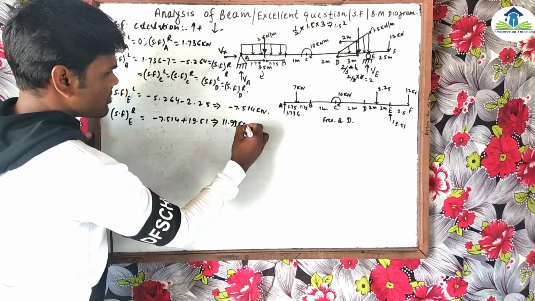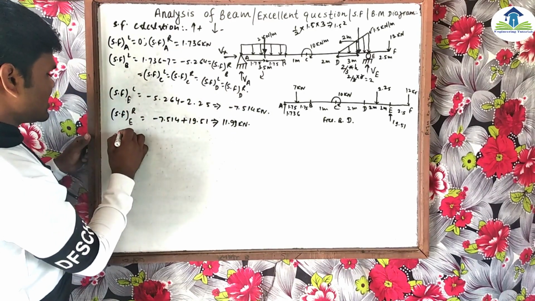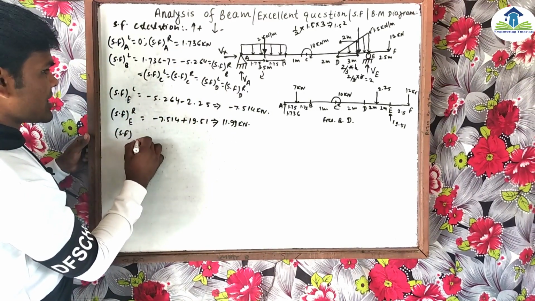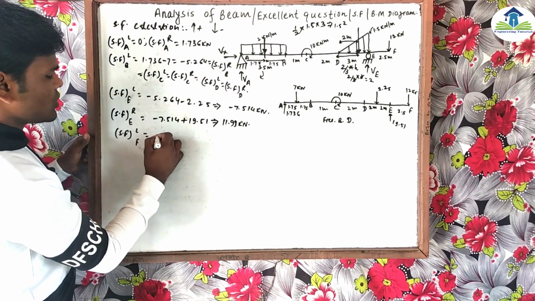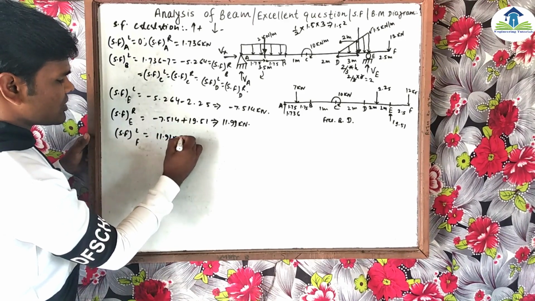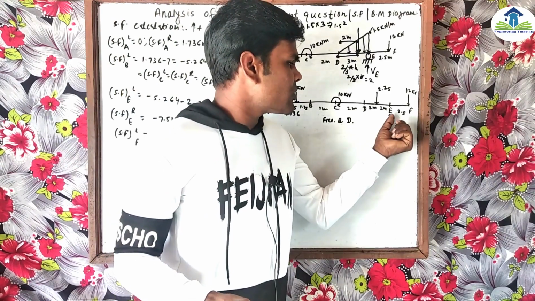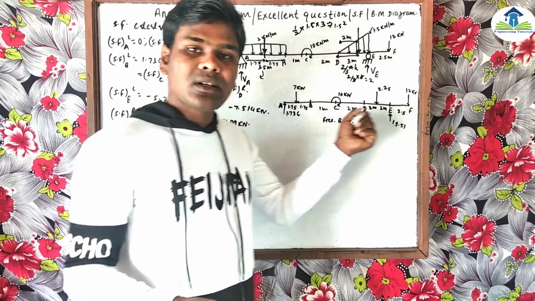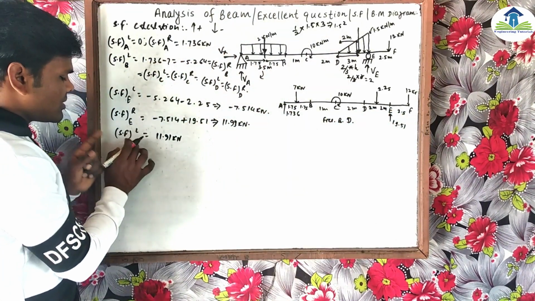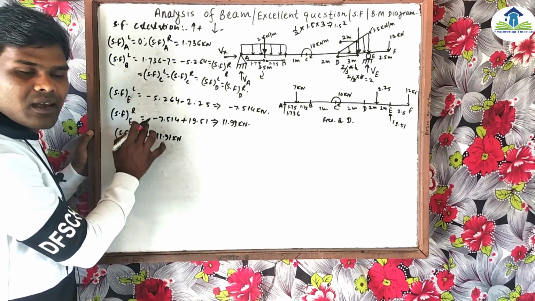11.9199 kilonewton. So the shear force at point F on the left side is 11 kilonewton. There is no force acting between points E and F, so this is equal to the shear force at F on the left side.